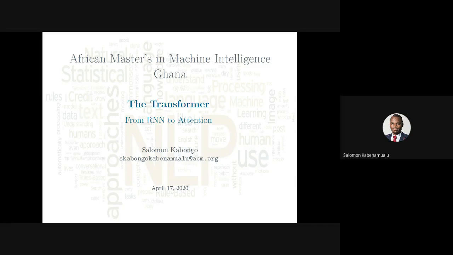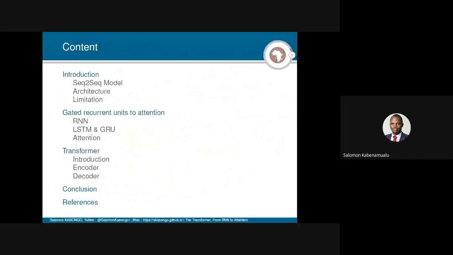Today I will be talking about transformers, and I'll start with a quick overview of sequence-to-sequence models, and after that, we discuss a little bit of the architecture of those models and the limitations that they are facing.